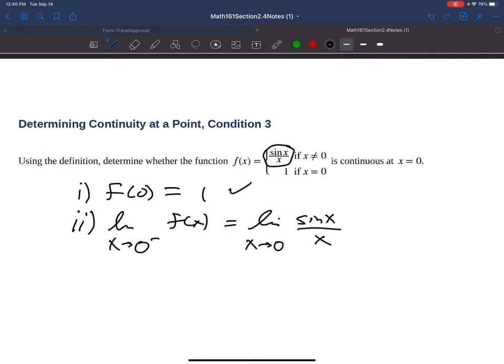So this is one of those special limits I talked about in the last lecture. We just should know this is equal to 1.